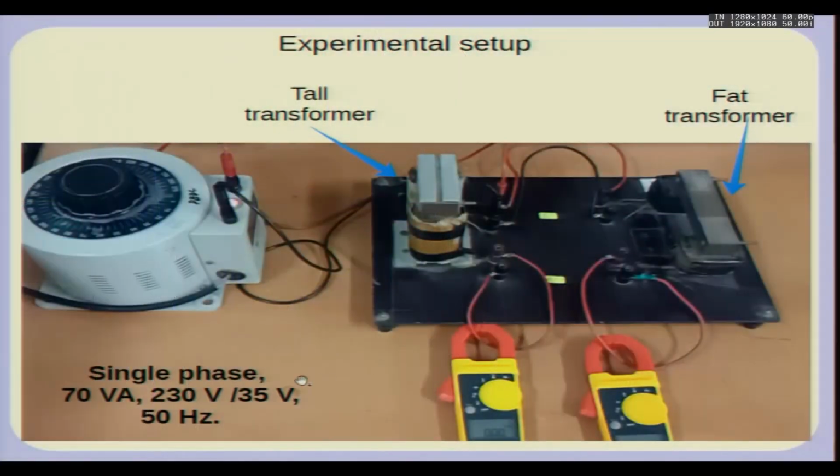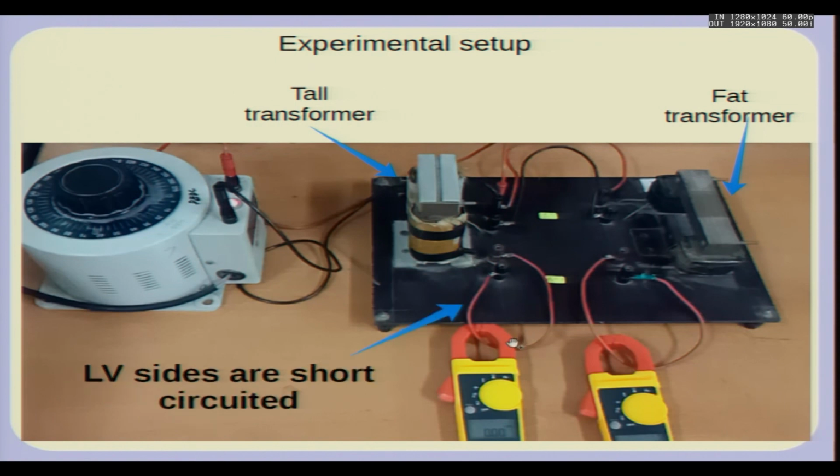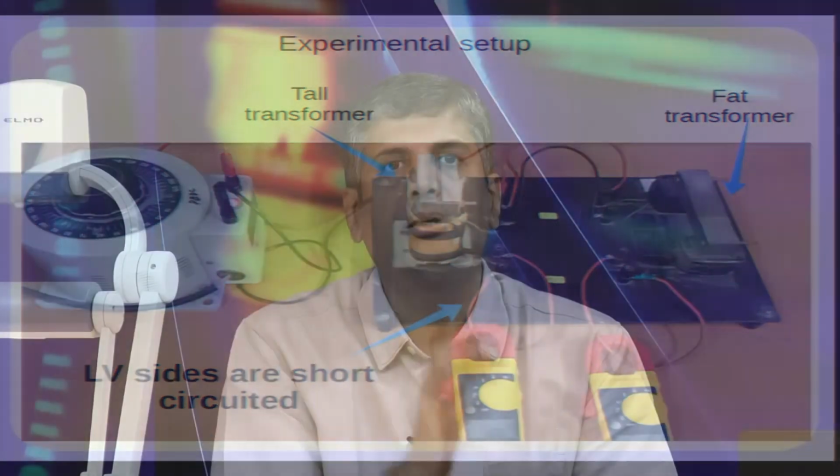So, I have short circuited the secondary and I am measuring the current. The LV side is short circuited as I have shown and I am measuring the LV side current. Remember that the currents on the primary and secondary are approximately related by N2 by N1, the turns ratio, assuming of course that the magnetizing current is low, which is true in this case.